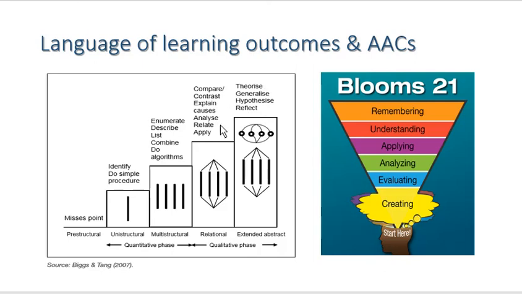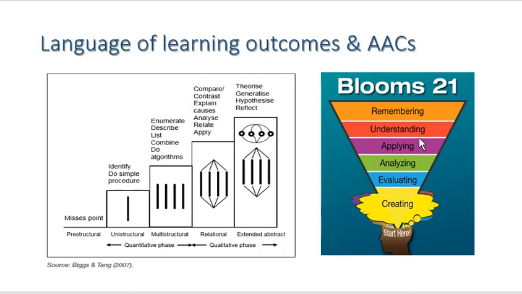Okay? So you do want students to be able to compare, to contrast, to explain the causes, to analyze, to relate, to apply. Look at the language of learning outcomes that Biggs is suggesting, but also look at Bloom's.